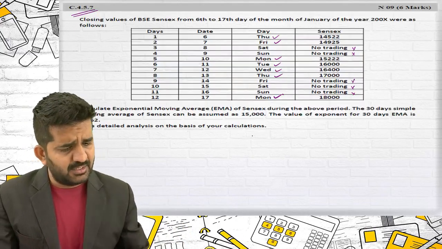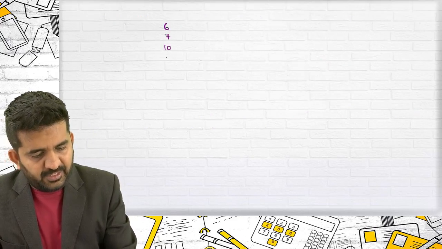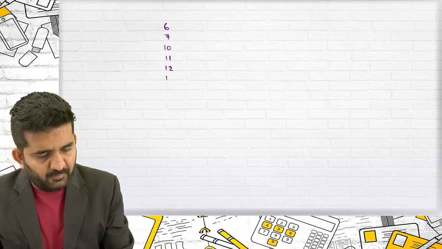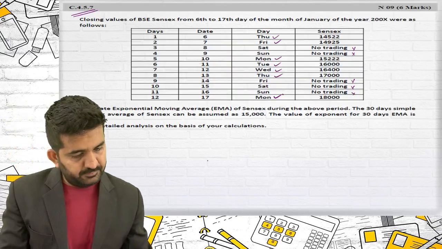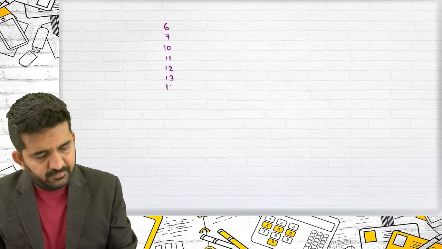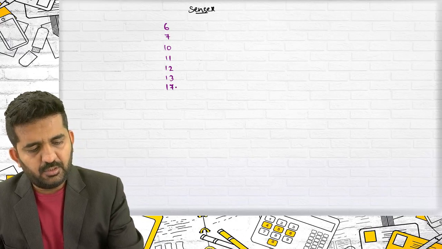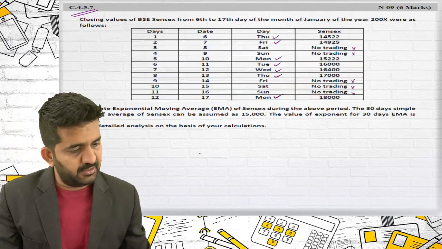So this is 6th, 7th, 10, 11, 12, 13, and 17. Let me also write down what the Sensex was on that particular date.